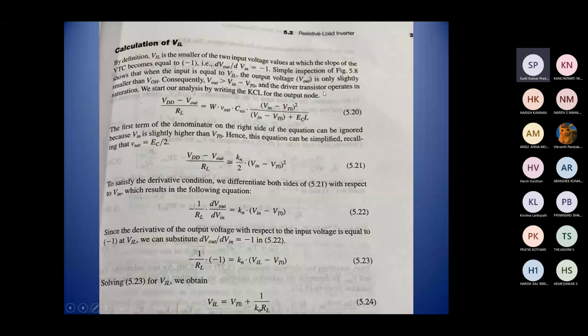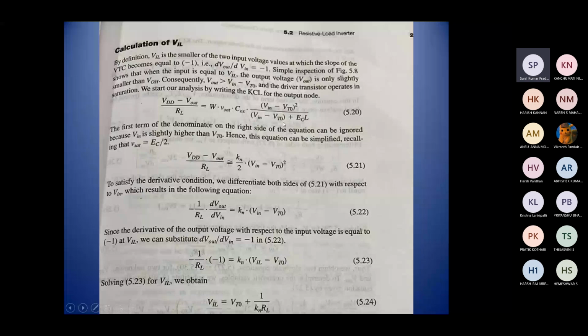Now we can start our analysis by writing KCL for the output. Applying KCL to the output, we get (VDD minus Vout) divided by RL equal to W times Vsat times Cox multiplied by (Vin minus VT0) whole squared, divided by (Vin minus VT0 plus Vcl).